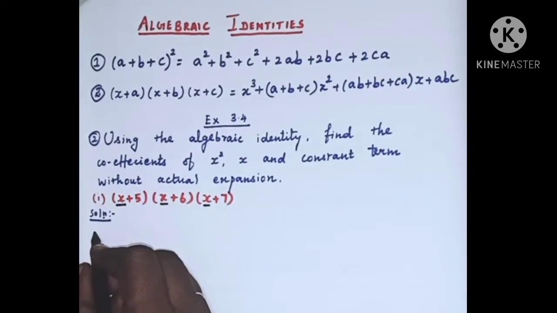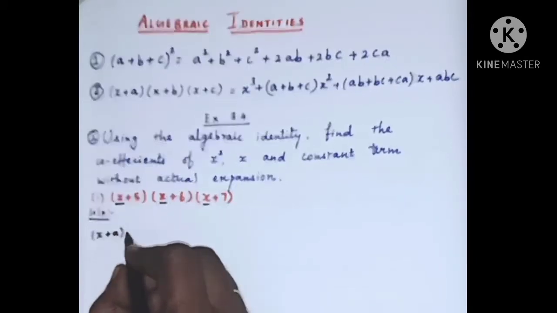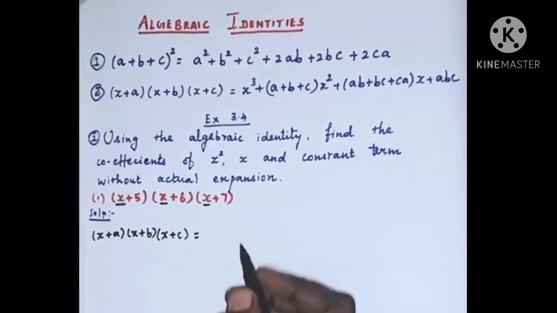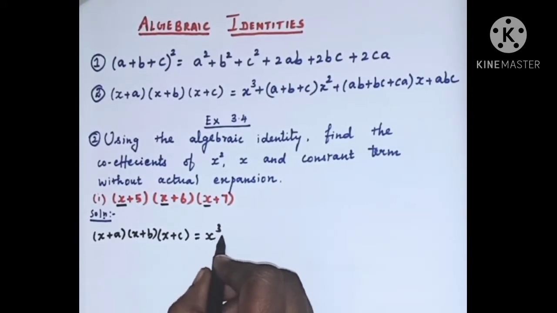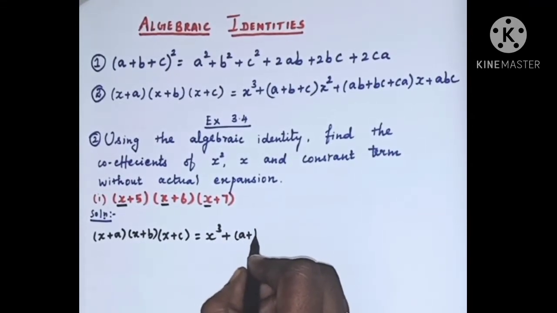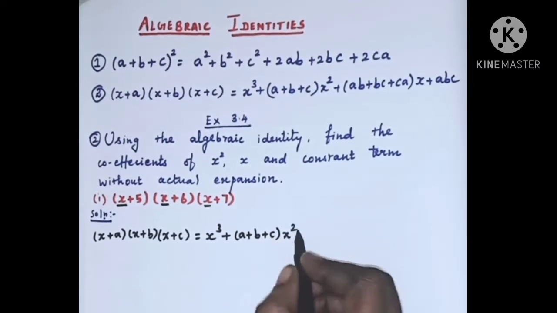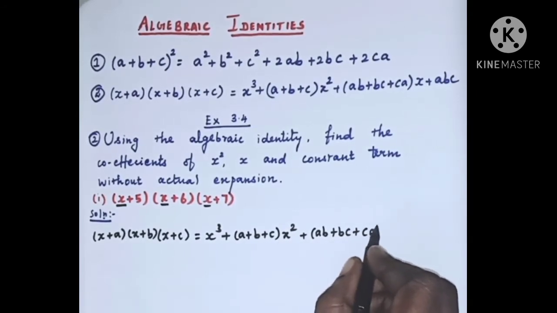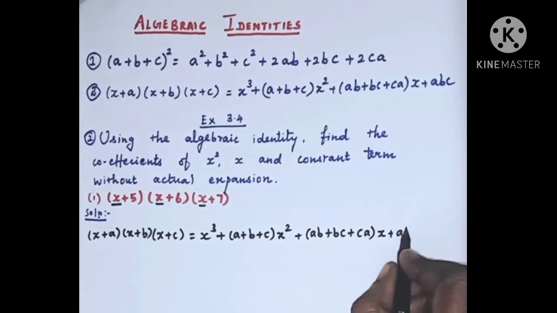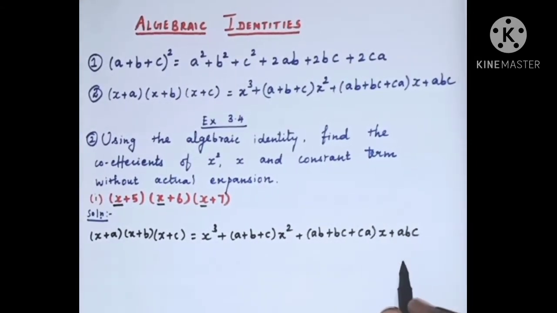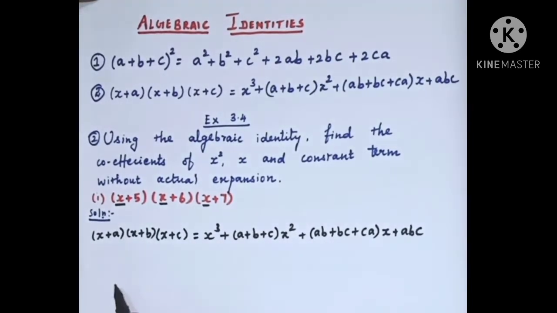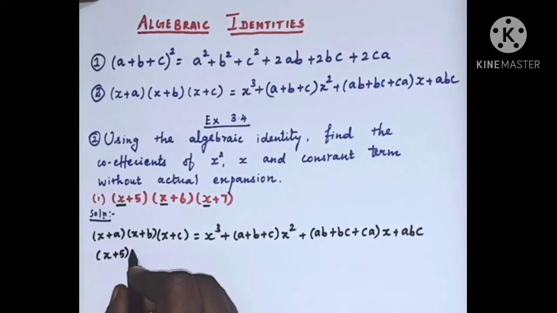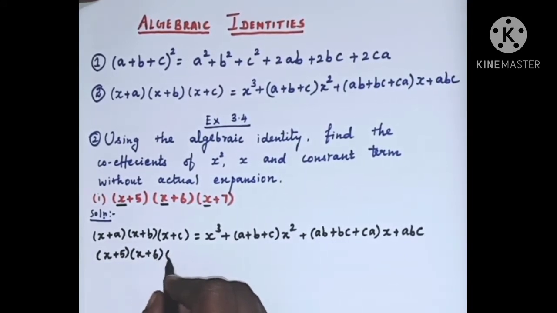We have to write that expression here: x plus a into x plus b into x plus c is equal to x cube plus a plus b plus c into x square plus ab plus bc plus ca into x plus abc. This is the algebraic identity we have to use in the second sum. The question is x plus 5, x plus 6 and x plus 7.